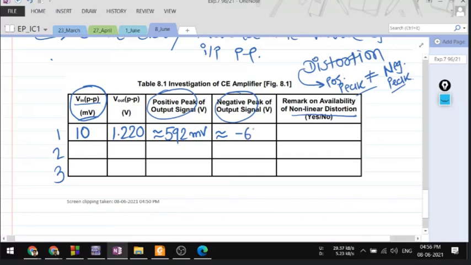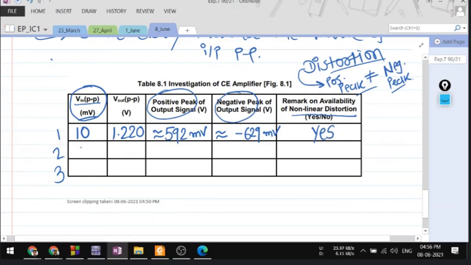So minus 629 millivolt. Fine, student. So they are not equal. Distortion is present, yes, distortion is present, right? The peaks are not equal.